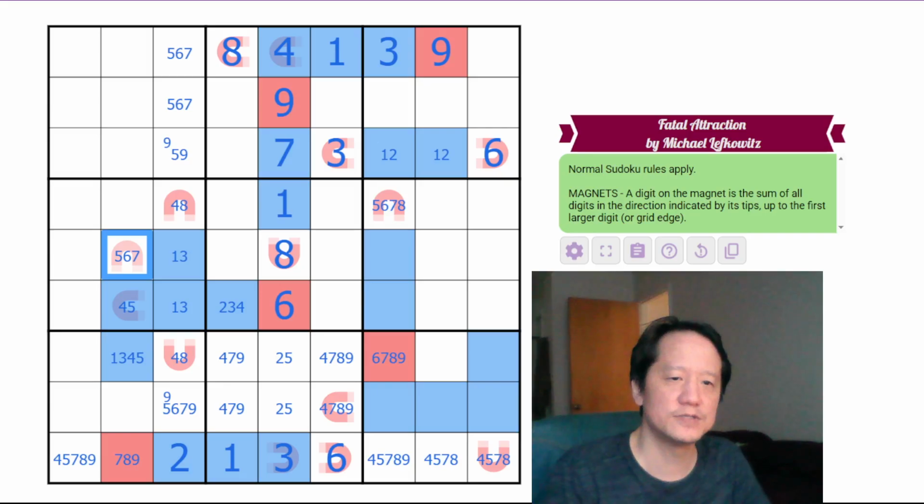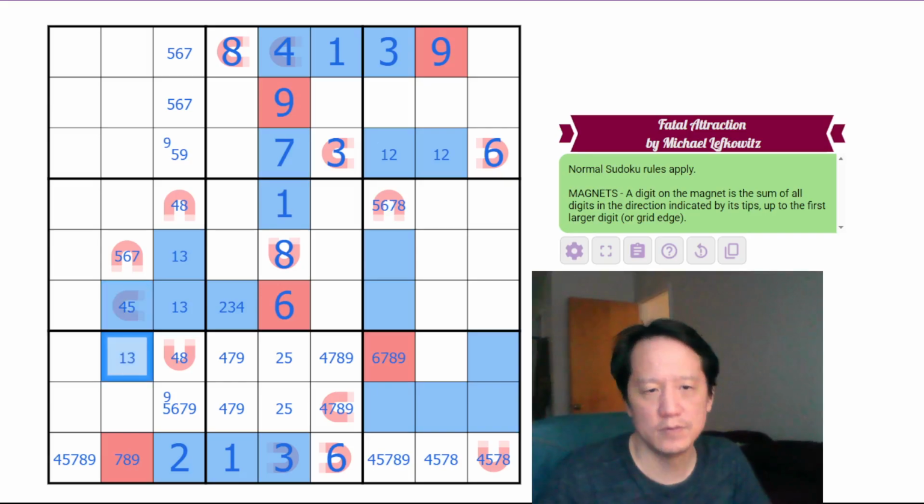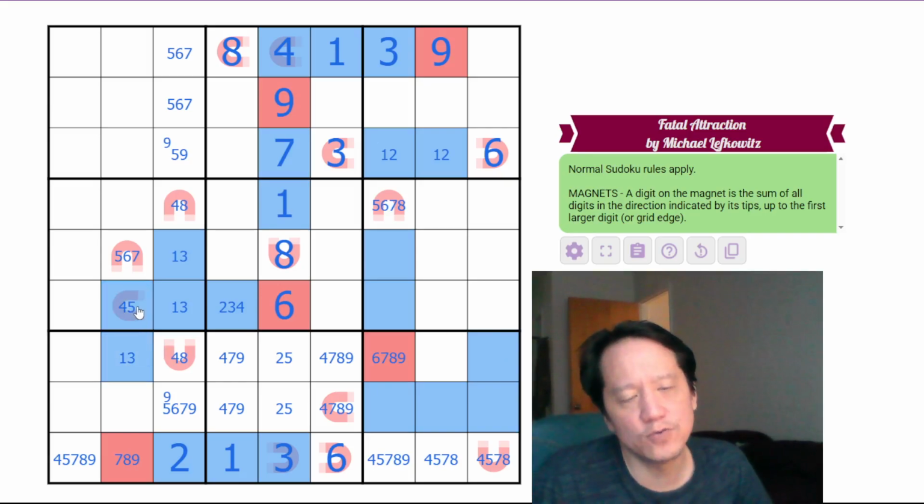5, 6, or 7 means this could only be 1 or 3 here. You can't have 4 because that would force this to be 4, 5, which would be greater than that. Can you have 1?